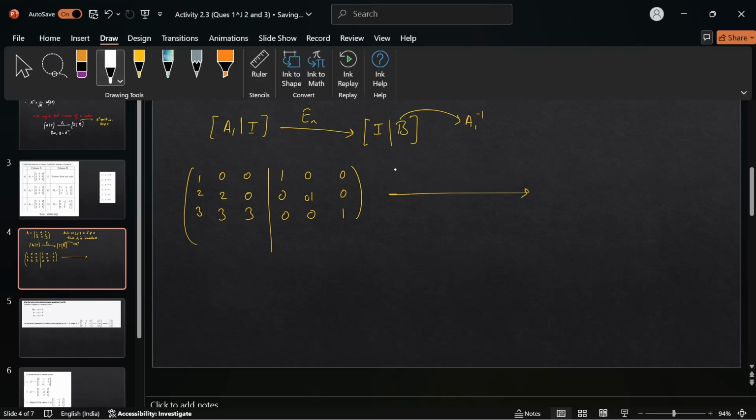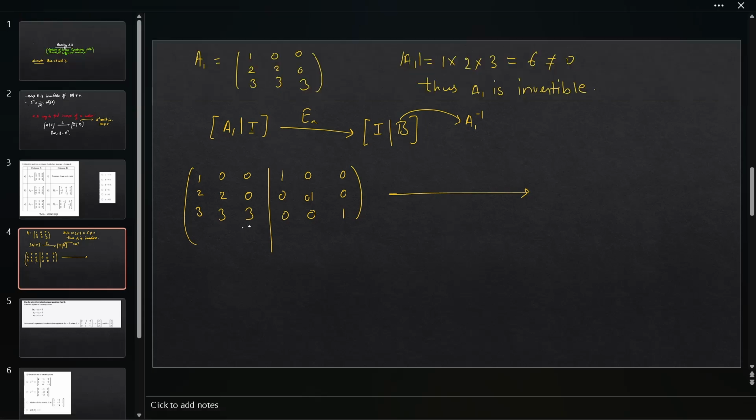What are the operations that we can perform to make this matrix the identity matrix? I have written some operations over here. First, we are going to perform R2 becomes half times R2. Then R3 becomes 1 by 3 times R3.